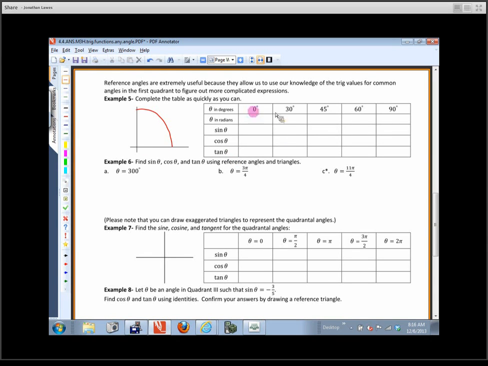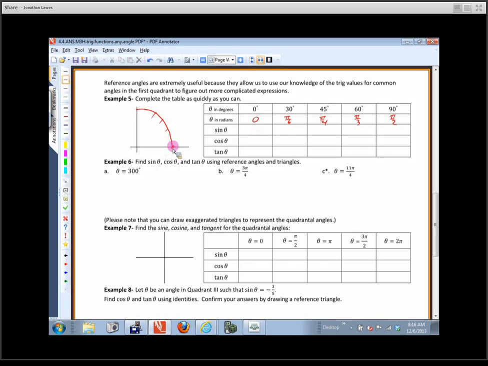I've labeled these in degrees. We'd want to be able to quickly turn those into radians. So this would be 0 radians, this would be pi sixths, this is going to be pi fourths, this is going to be pi thirds, and this is pi halves. I'm not going to take the time to put each one of those on here, but we are going to think about what it would look like when we draw a reference triangle.